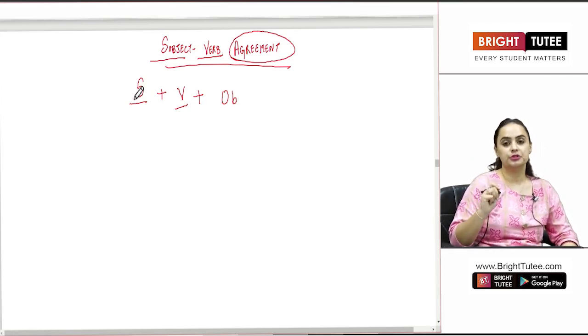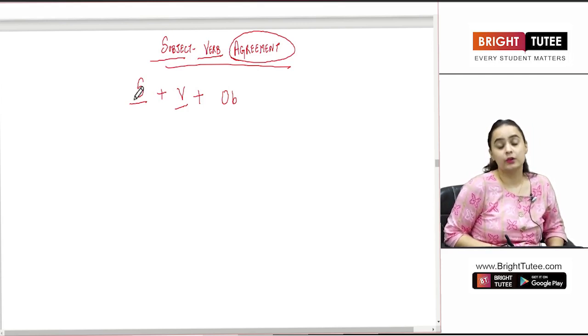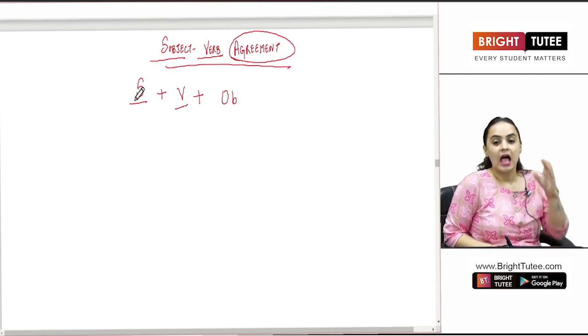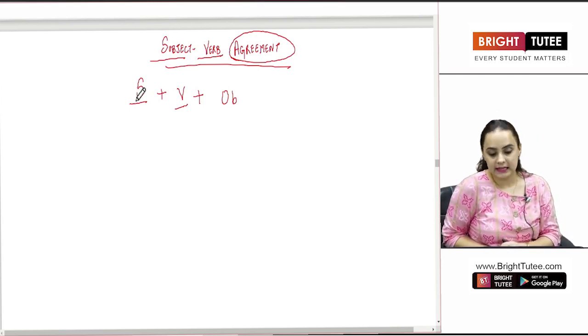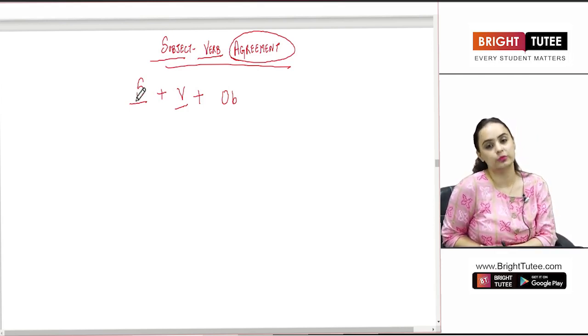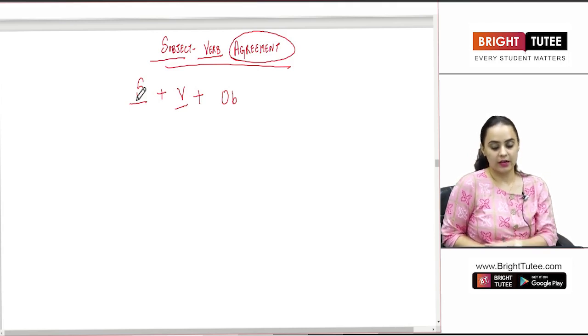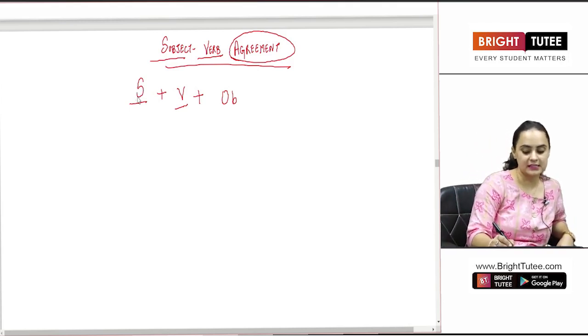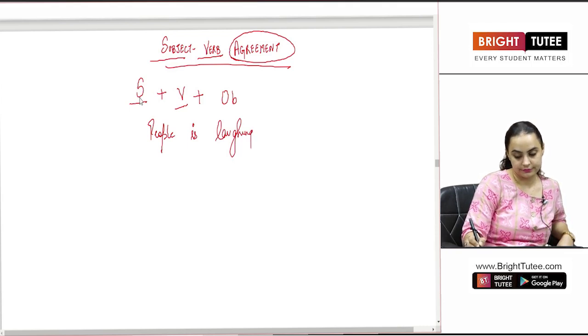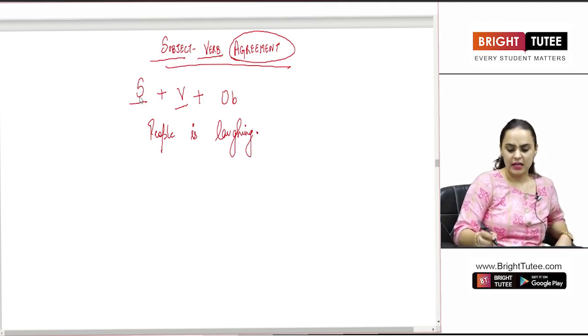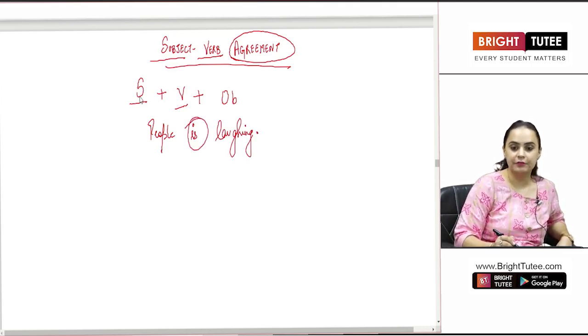Subject-verb agreement is that grammar topic which teaches us what to keep in mind when writing the verb with the subject. Okay, for example, if I say people is laughing, can we say people is laughing?